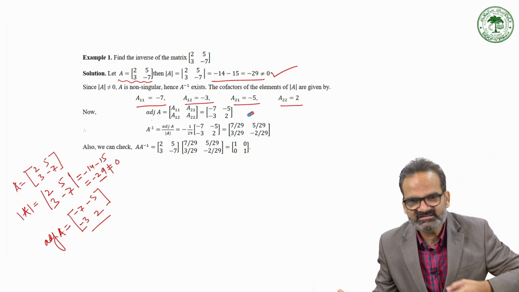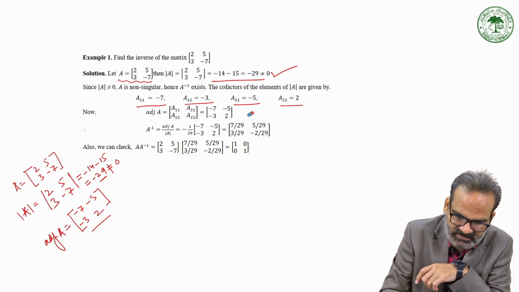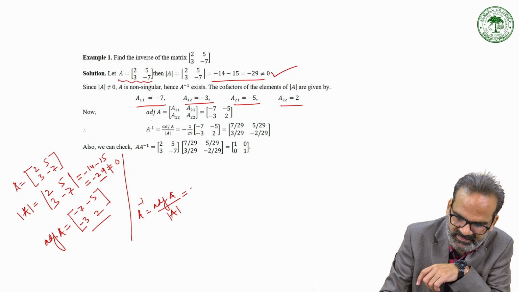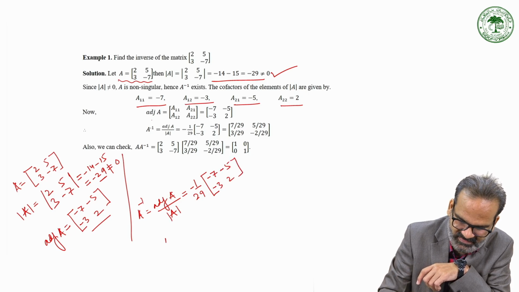Once the adjoint of a matrix is calculated, then we can use A inverse equals adjoint of A divided by determinant of A. Now, what is the value of the determinant? Minus 1 upon 29, and adjoint of A is this matrix: minus 7, minus 3, minus 5 and 2. So what is A inverse?